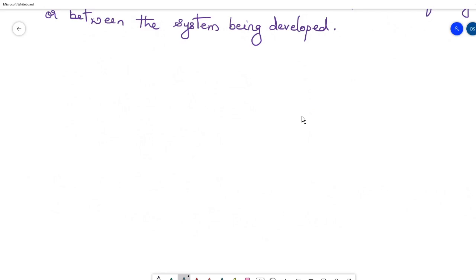So the interaction model would help us to identify the user requirement.